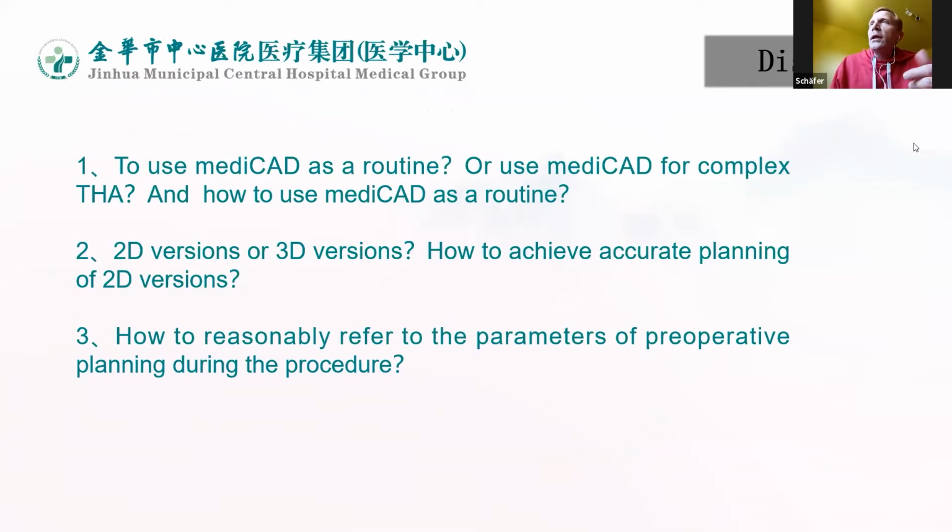I can plan my operation in 3 minutes with a 2 day version. With the 3 day version, you need to have a CAT scan. You need to have the time. You need to have the lessons.